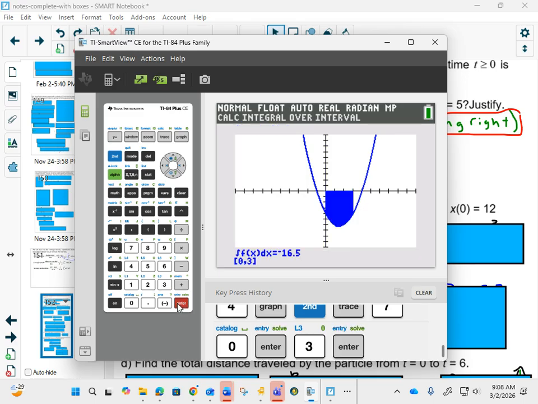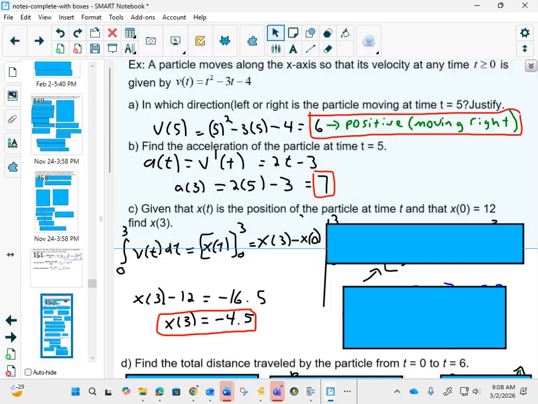And it shades it in there and shows me that I get negative 16.5. That means wherever you started from, 3 seconds later, your displacement will be negative 16.5 from where you started. In this question, it tells us we started at 12. If you started at 12 and your displacement is negative 16.5 from there, does it make sense that at x of 3, you would be at negative 4.5?